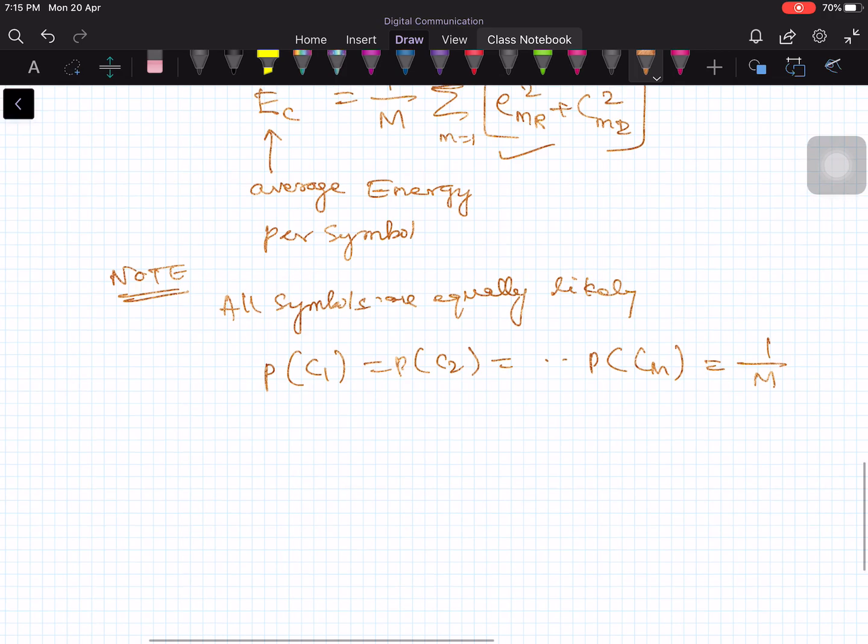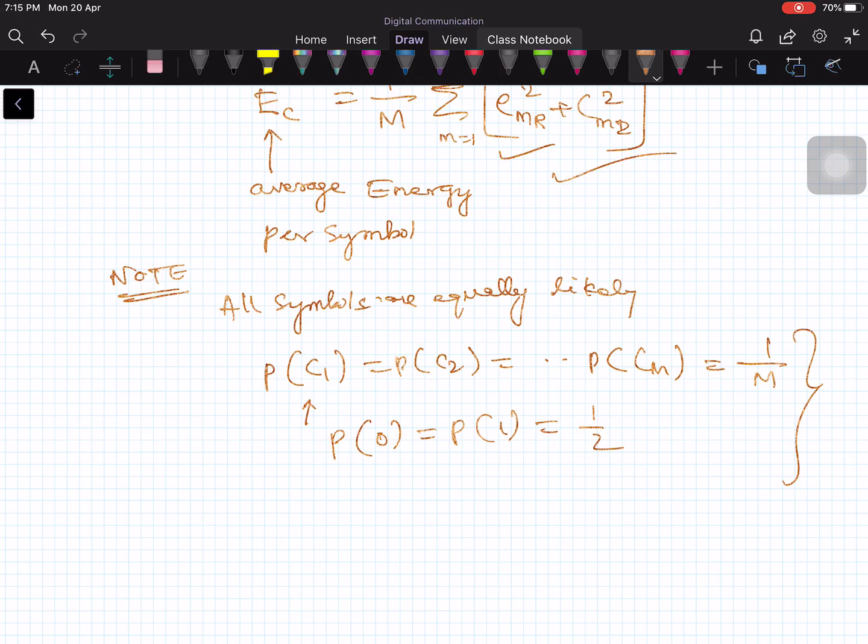And again, this statement would be true only if every bit occurs with the same probability independently of every other bit. That means the probability of 0 is equal to the probability of 1, equal to 1 half. So if these two conditions are satisfied, then this is okay.